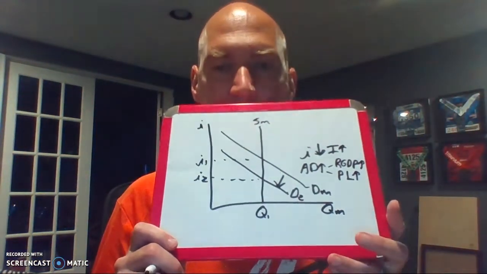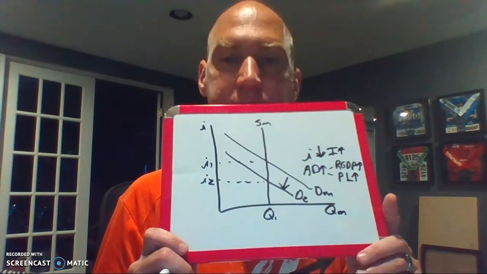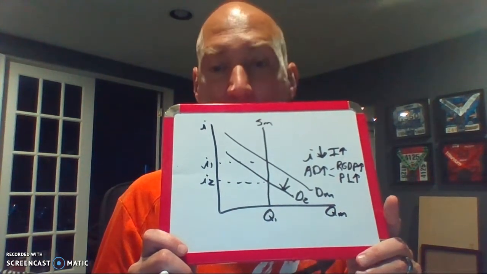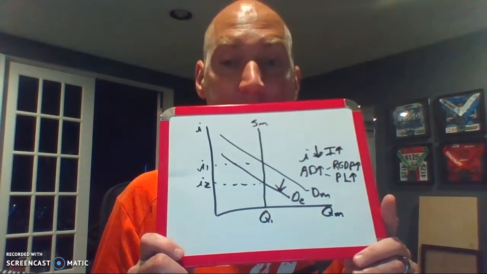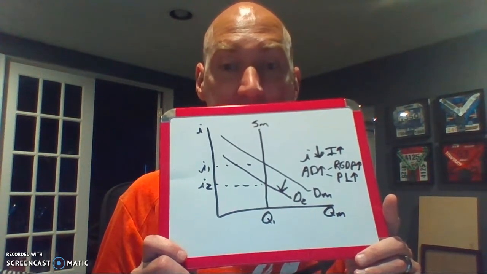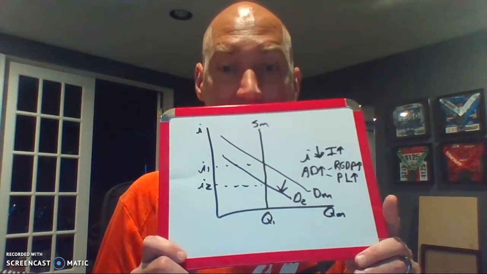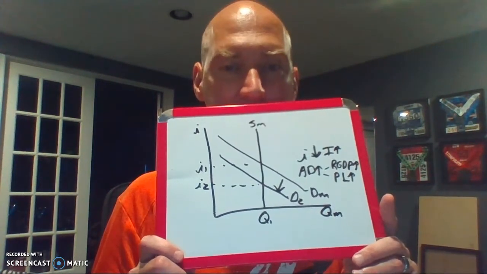Unemployment also goes down, so make sure you remember that relationship. Aggregate demand goes up, real GDP increases due to an increase in investment spending in this case, and that leads to a higher price level, aka inflation.